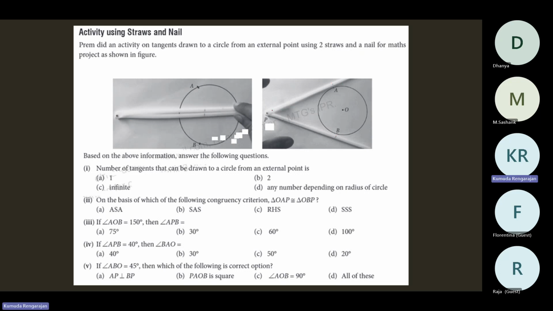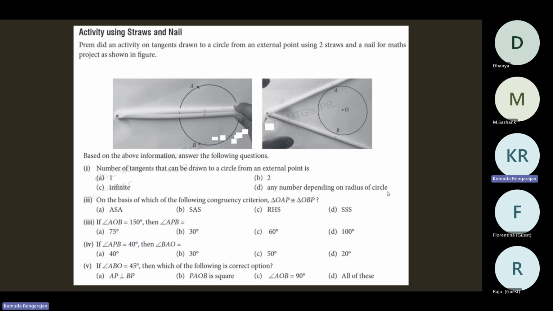So he knows that this length is equal to this length, because he had already marked it. This is the tangent at A and this is the tangent at B. He knows these 2 tangents are equal because he had marked it already and then spread it open. So he knows PA is equal to PB.